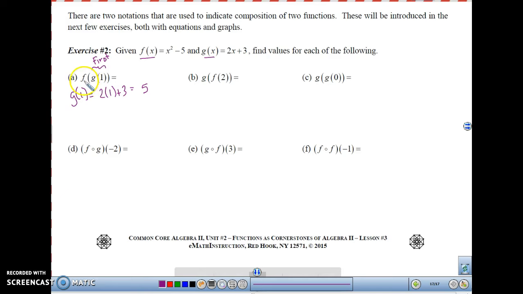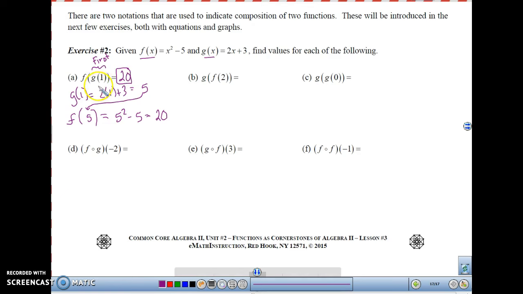Now, if I have f of g of 1, I take this answer, 5, and use the f function and plug in a 5. 5 squared minus 5 is 25 minus 5, which is 20. So f of g of 1 is equal to 20, and we've got it.